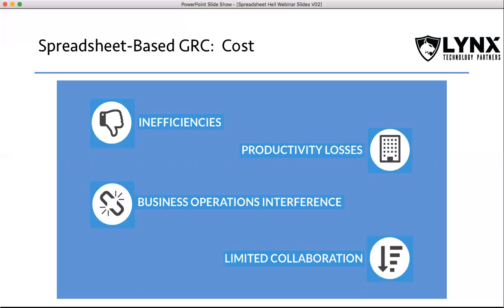And if GRC is not functioning well, it can actually become an interference into the normal operation of an organization. And then the cost factors also impact how well people can collaborate and communicate within the GRC effort itself. Can you give us some of your experiences where you've seen cost factors come in because of spreadsheets?